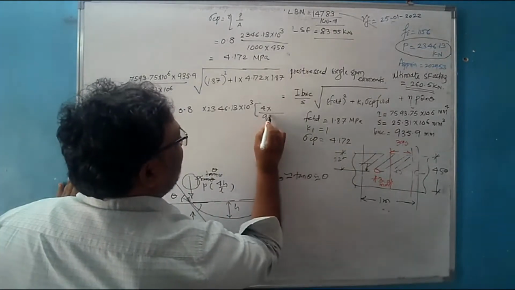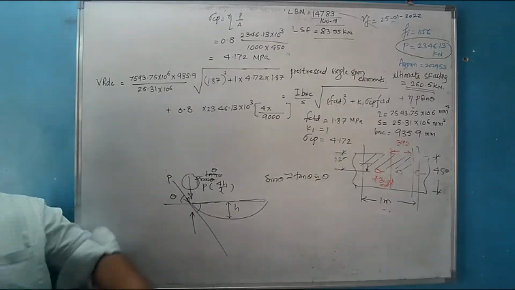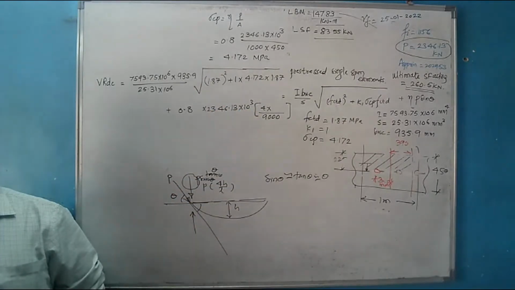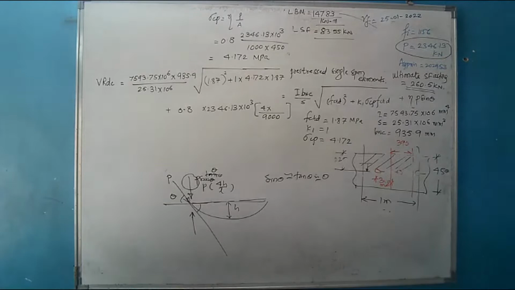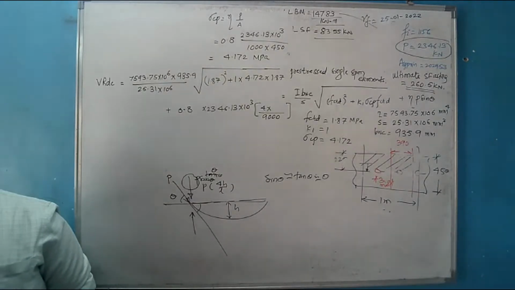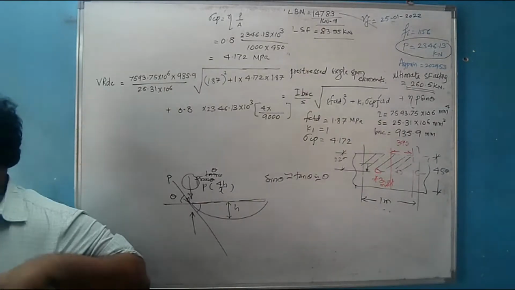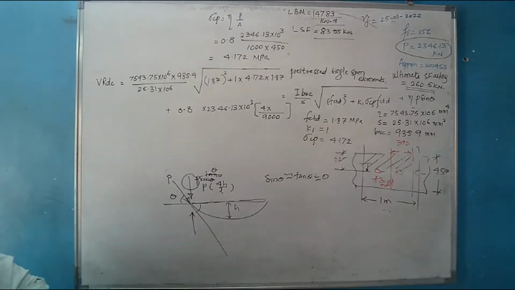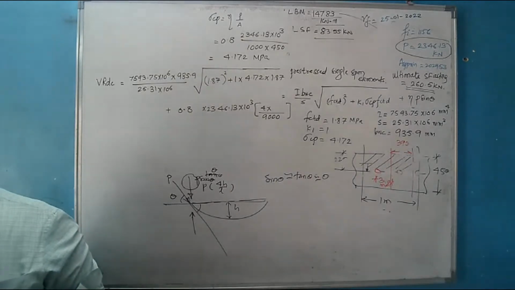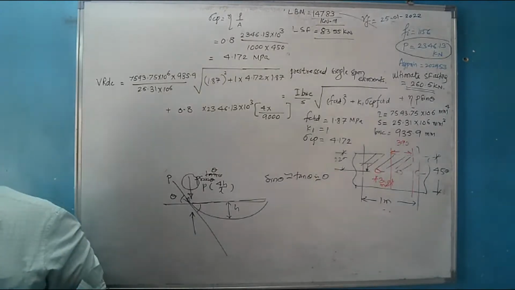L was 9 meters span, I think. 4H by L. How much is the eccentricity provided? How much eccentricity did we provide? 125.